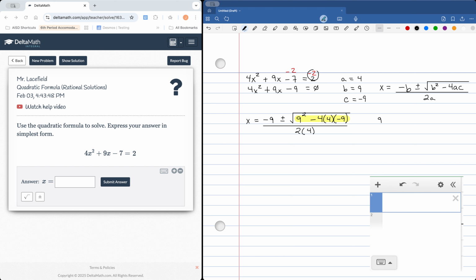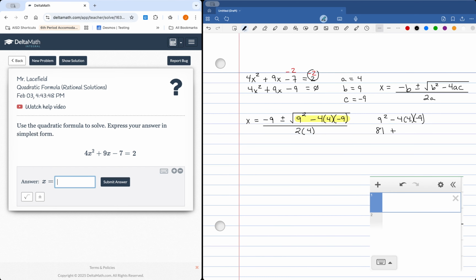And we're going to look at it as 9 squared minus 4 times negative 9. From here, this is going to give me 81. And then negative 4 times 4 is negative 16, times negative 9 means we're going to be adding something to this.